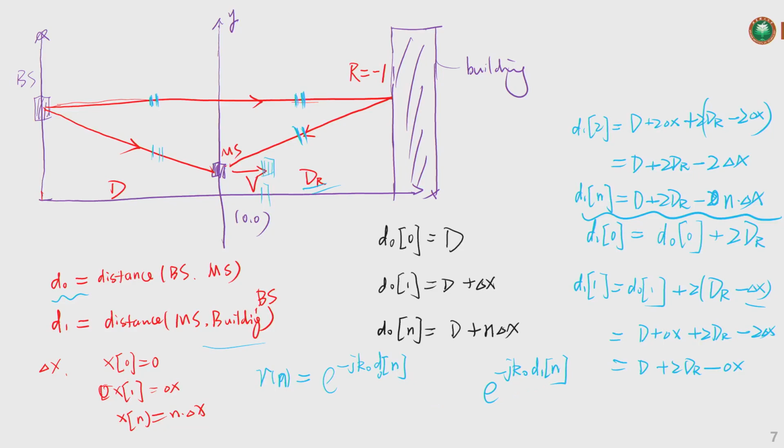And we should add them together, because we have 2 rays and we add them together, maybe some interference happens. So here it is plus or minus.